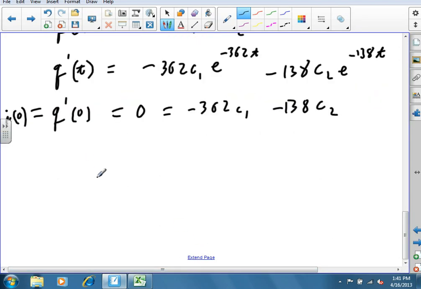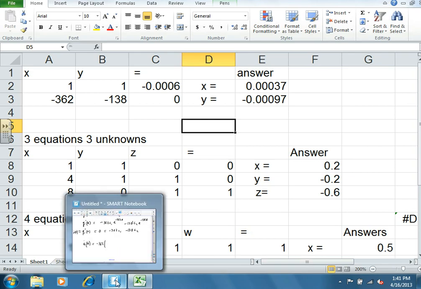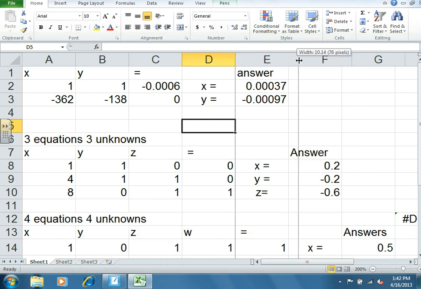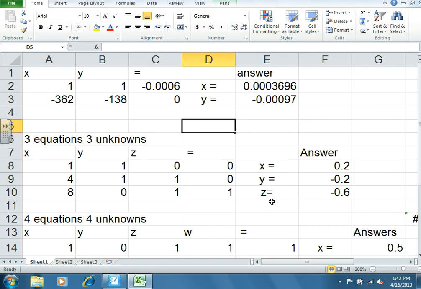So, what were we supposed to do anyway? Anybody remember? Find the equation for I. I of t is minus 362 times c1, 0.0003. Can I have more?